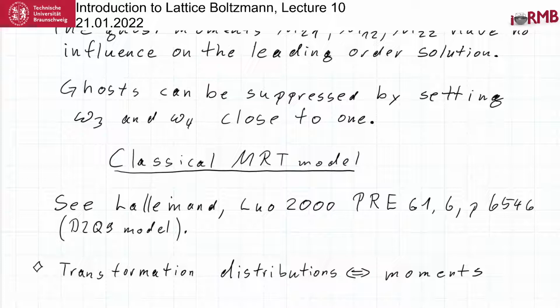In BGK the distributions are used both for the collision operator and the streaming operator, but in the MRT methods, because we can only relax moments, we use moments for the collision operator and we use distributions for the streaming operator.